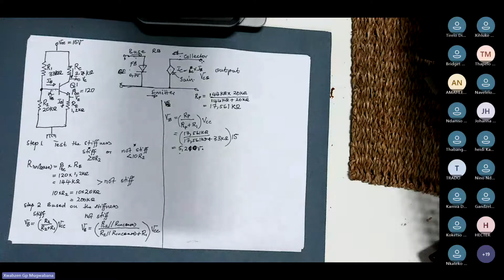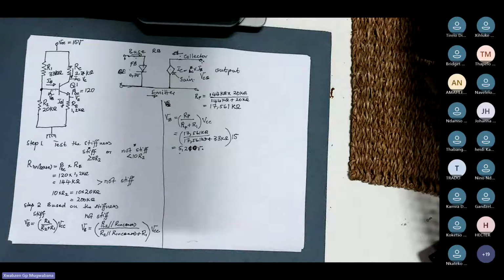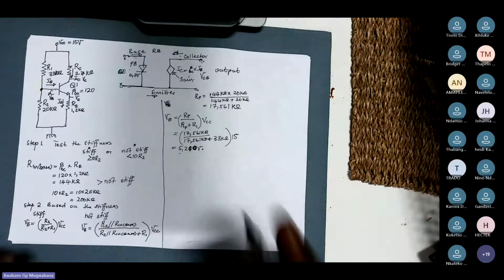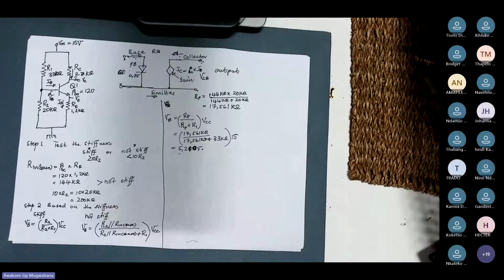Now, that is your base voltage. Once you get this base voltage, you need to determine what is my emitter voltage.